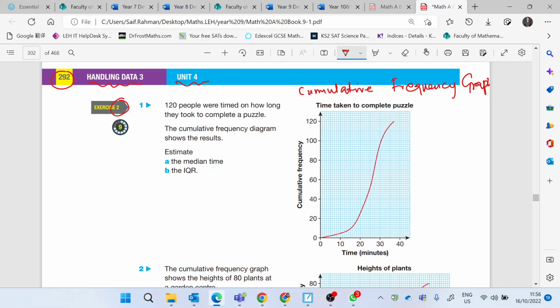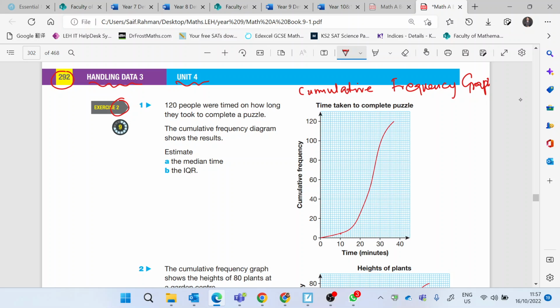So the time the people take to complete the puzzle is here. When the time was 10, the frequency was something like at this point. So you can just compare it here and then count how many were there.